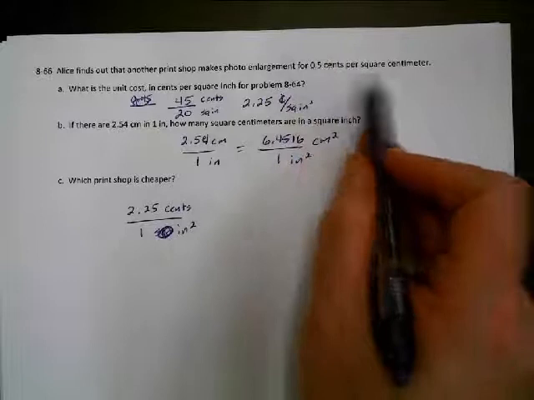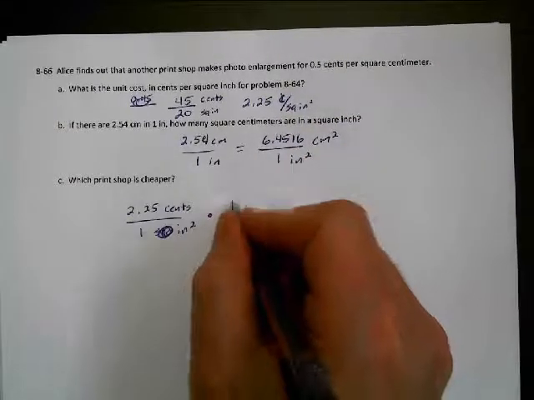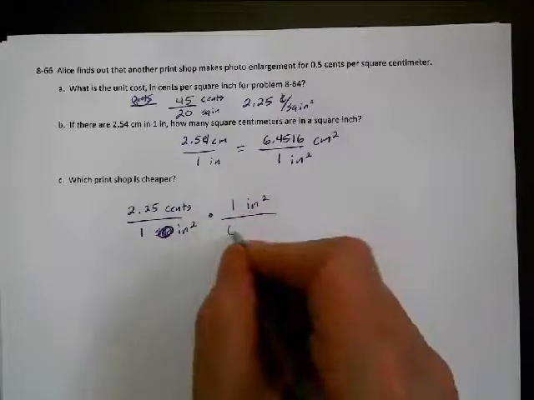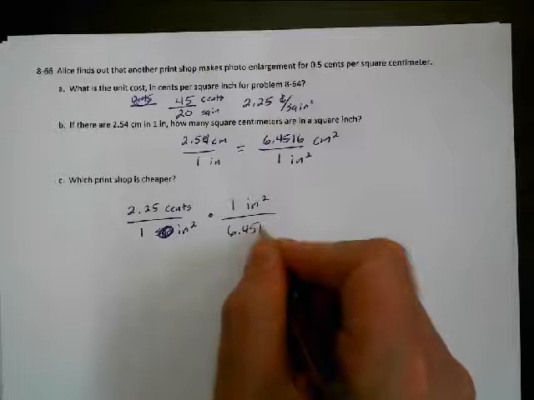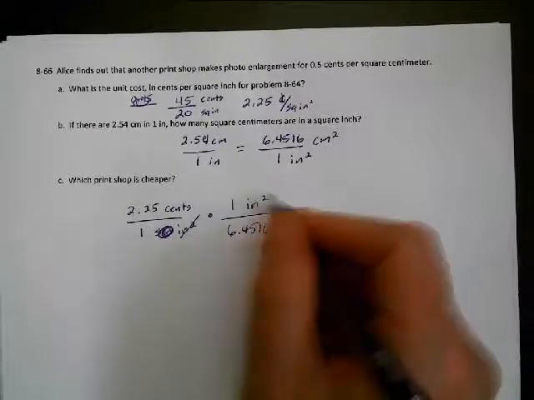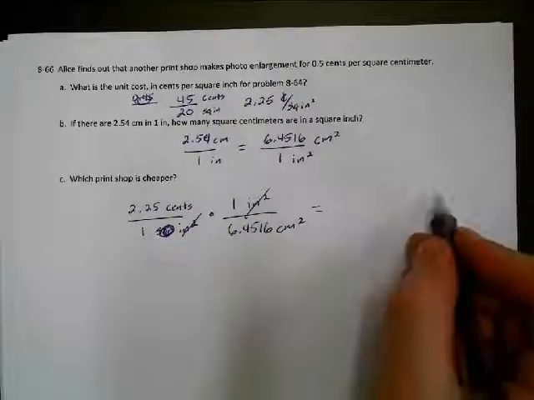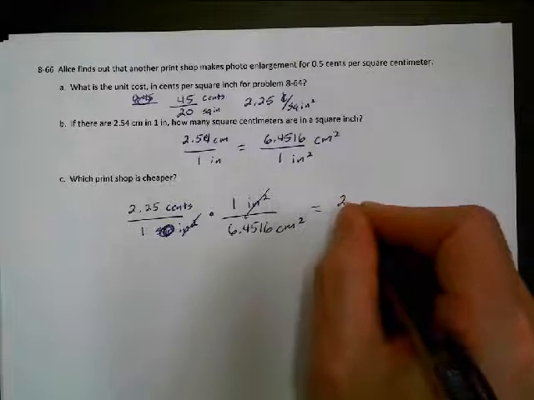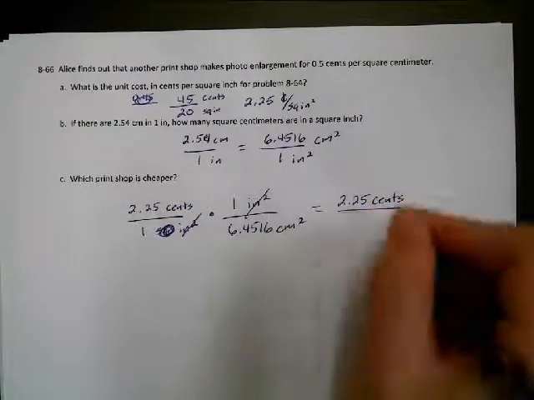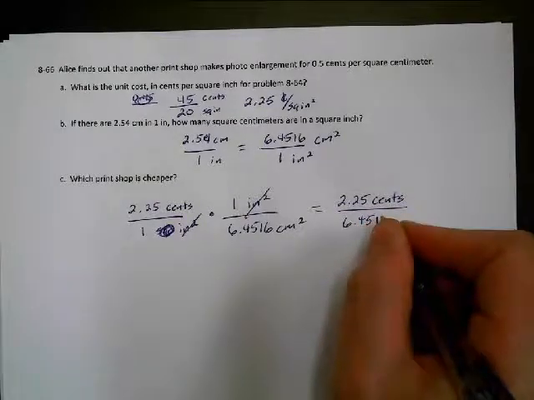So I'm going to write 1 inch squared over 6.4516 centimeters squared. Now the inches squared cancel, so I'm doing a conversion here. I multiply going straight across, and now I've got 2.25 cents for 6.4516 centimeters squared.